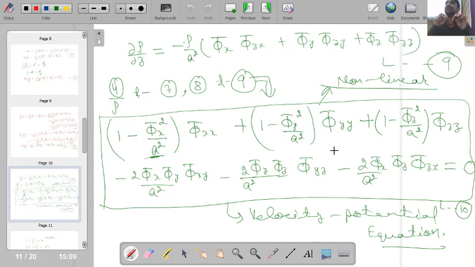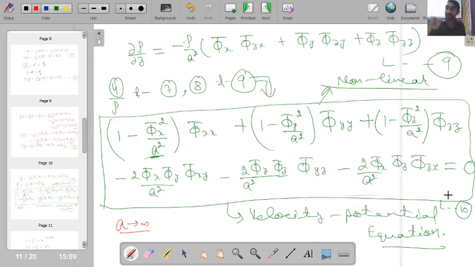If I introduce the assumption of incompressibility, what is the assumption of incompressibility? A will be very large. For incompressible flow situation, A will be huge. So our A will be approaching infinity. If A is approaching infinity, then this term and this term and all these terms are becoming 0.